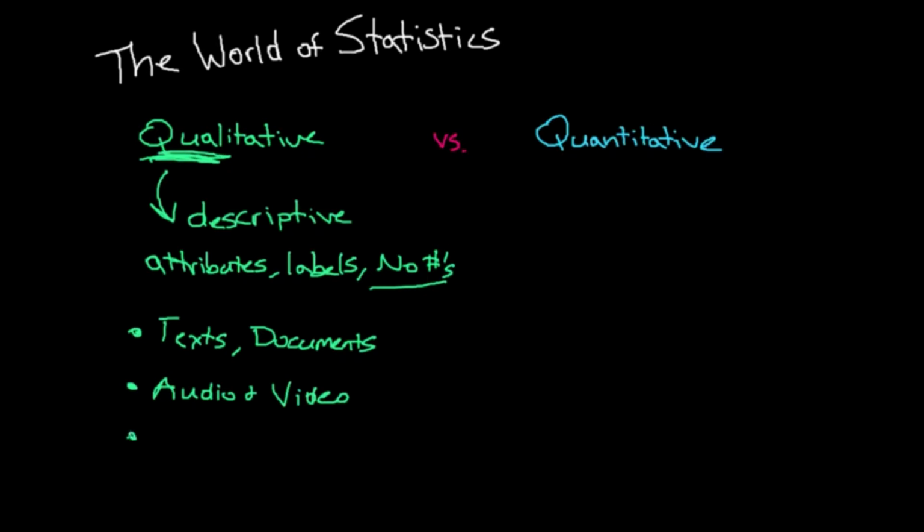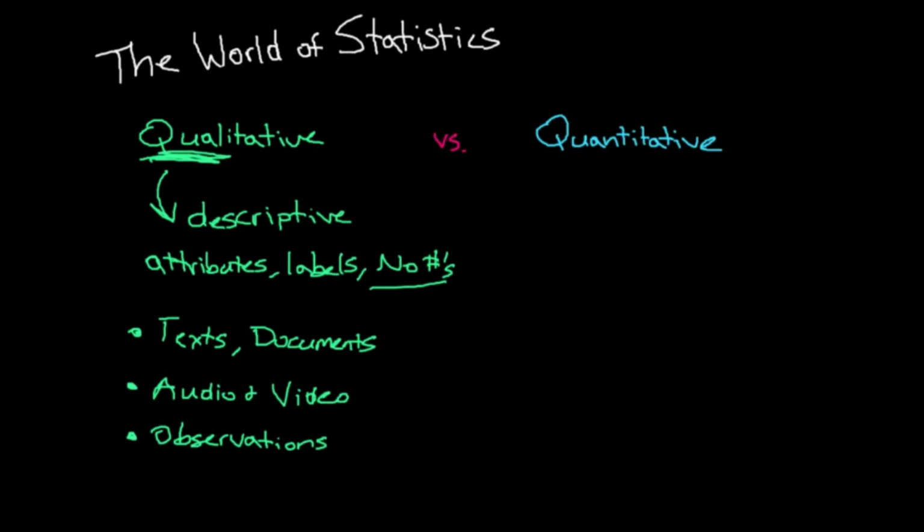And then the third thing here would just be observations, right? We're going to observe something. We can observe qualities of something, whether it's color, different aspects of whatever it is that we're looking at. So that would be observations. So that's kind of the generic breakdown of what qualitative data is.